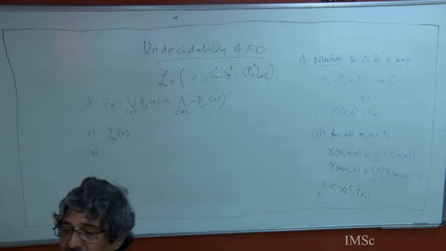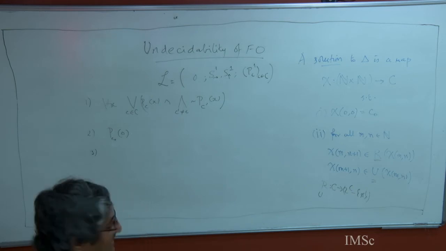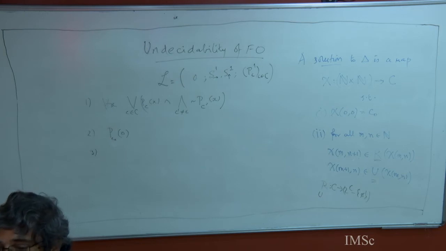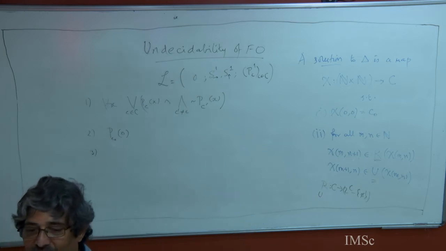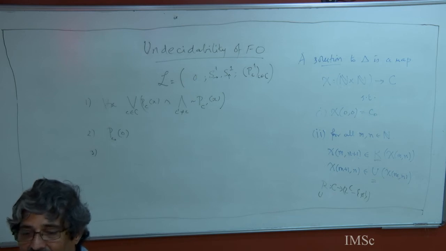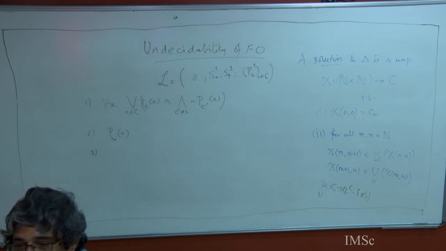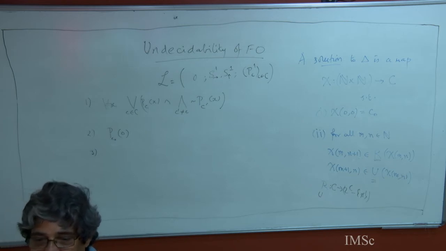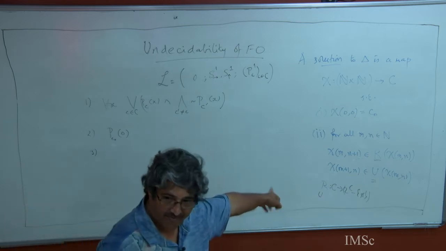What is the critical property of the successor function that we need? When I started telling you how do you start doing the coloring? It's clear that the 0 point is going to get the color C0, and after that, it must belong to the right and the up, right? Those conditions.